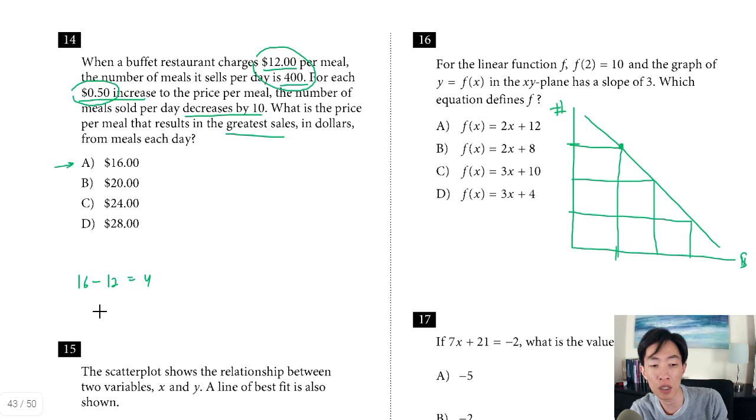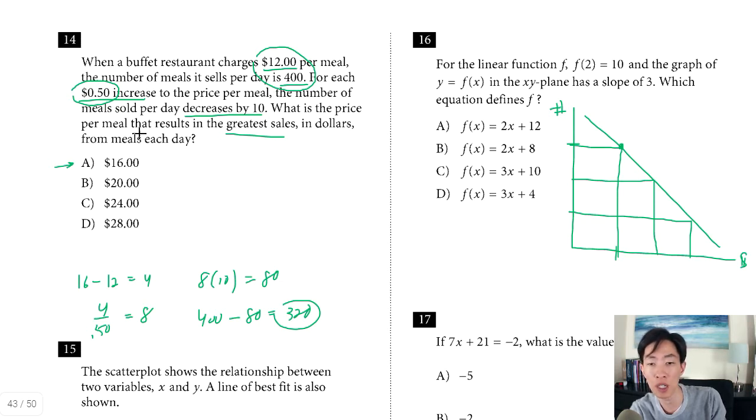So $4 divided by 50 cents is actually 8 increases. And we know for each 50-cent increase, the number of meals decreases by 10. So we take 8 times 10. And this is the number of meals that we lost. So the final calculation that we do is 400 minus 80 equals 320. 320 is going to be the number of meals sold when the price is $16.